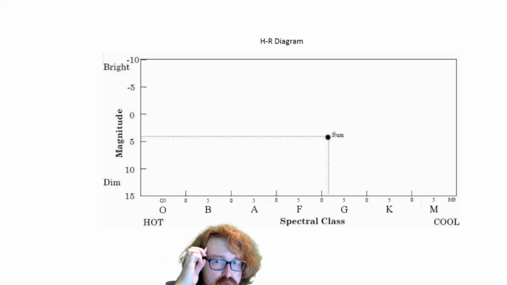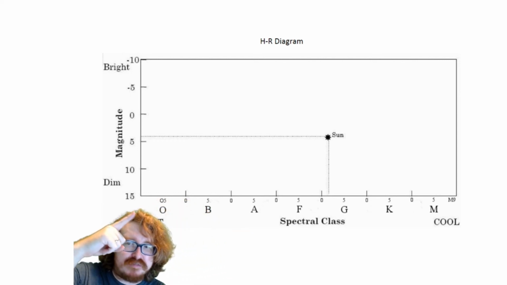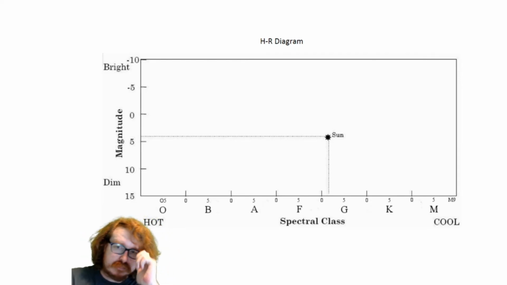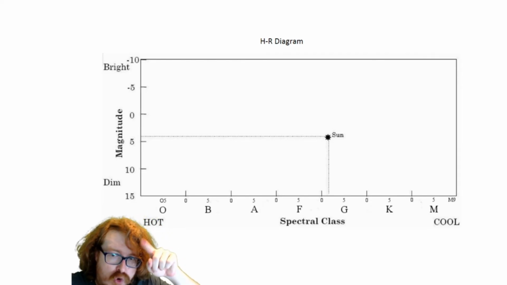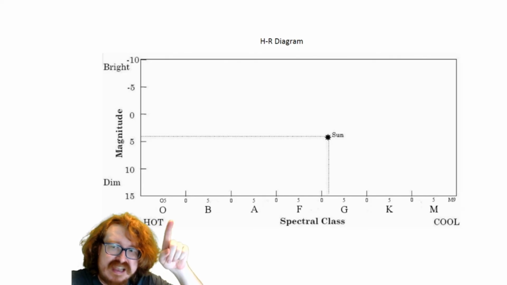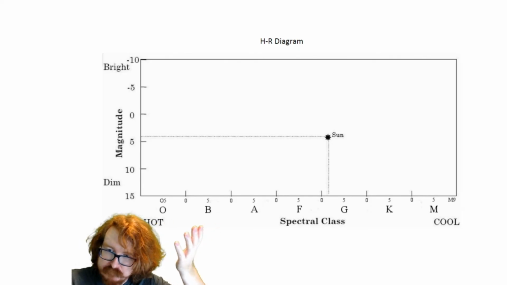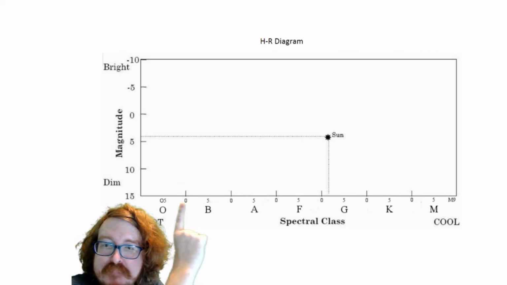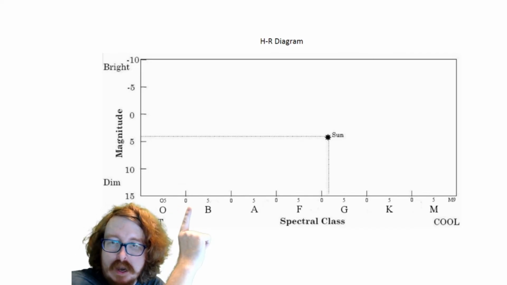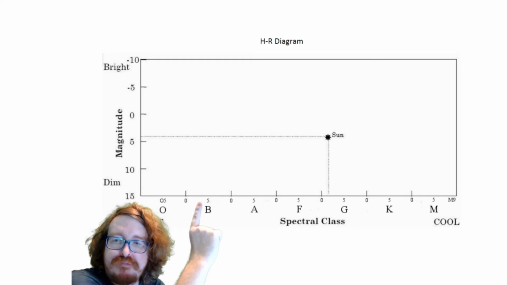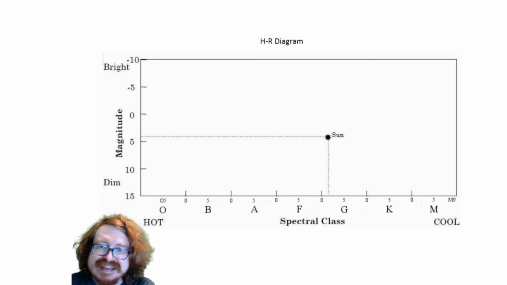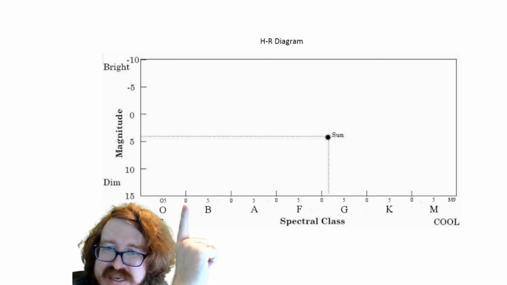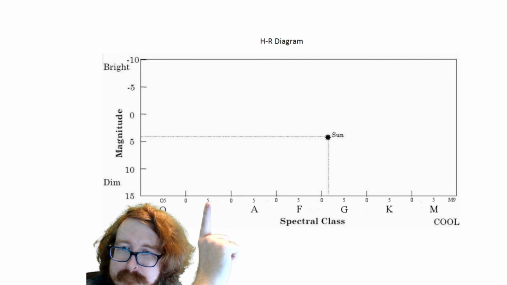So what we do is we break up each one of these letters into 10 numbers. So there's an O0, an O1, an O2, an O3, an O4, an O5, and so on, all the way up to O9. And then you have B0, B1, B2, B3, B4, B5. So this is an O5. This is a B0, B5.